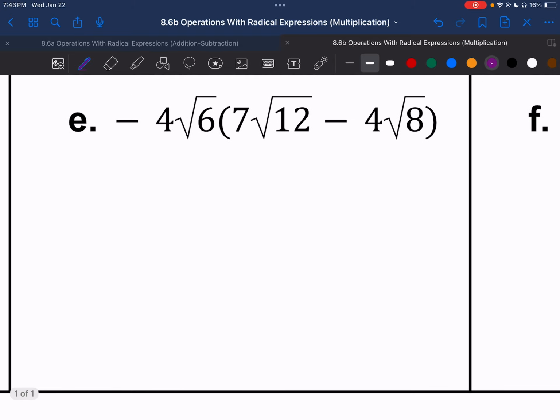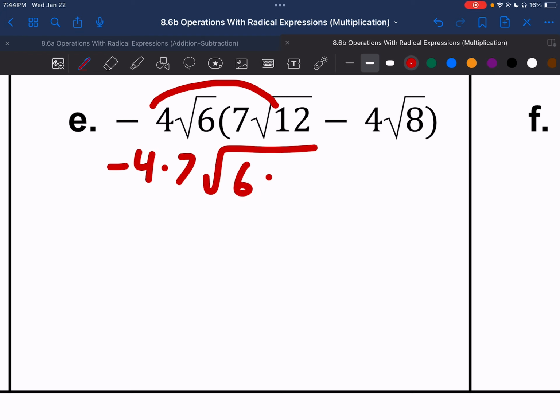All right. Letter E, we distribute negative 4 root 6 to 7 root 12. So we have negative 4 times 7 times the square root of 6 times 12 minus, and we've got 4. So we've got a minus, and we've got negative 4 times 4 times the square root of 6 times 8.